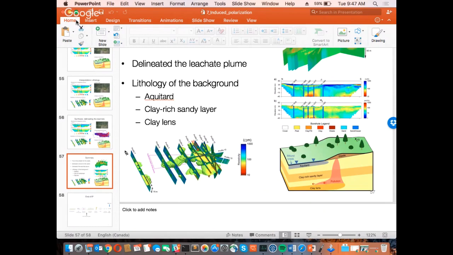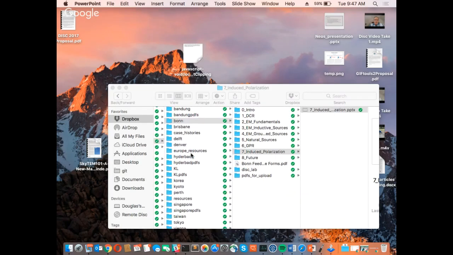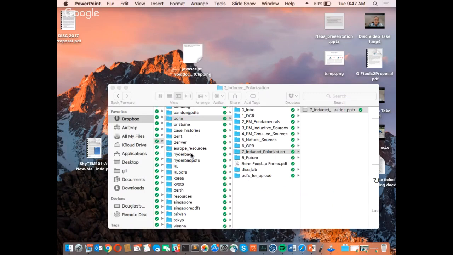And maybe it's a good point, just as a comment, about the IP field example. Much of what people have worked on over the last 10, 15 years on the potential of IP, through the relaxation time and also the magnitude of polarization, is to estimate hydraulic conductivity or permeability.